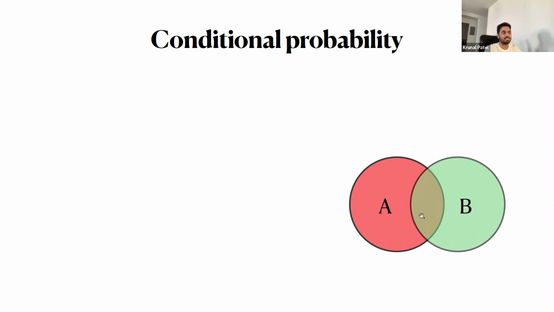And this intersection section will become our favorable outcomes, because that's when A is also happening out of all possible cases where B is happening, right? So we are basically trying to calculate the intersection area divided by the total area of B. So it's exactly the same thing: probability of A given B is probability of A intersection B divided by probability of B, right?